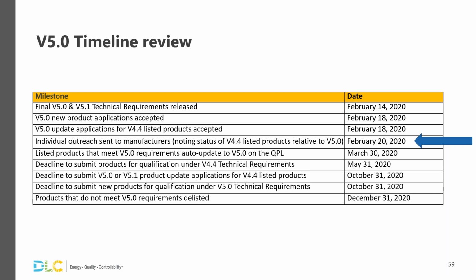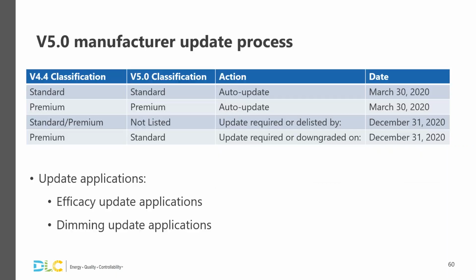Prior to this webinar or slightly after this webinar, you should all be receiving individual outreach noting the status of your version 4.4 products relative to 5.0, as I described in the previous slides. This will include information on whether or not your products met the 5.0 requirements based on efficacy and dimming. Next slide, Axel.